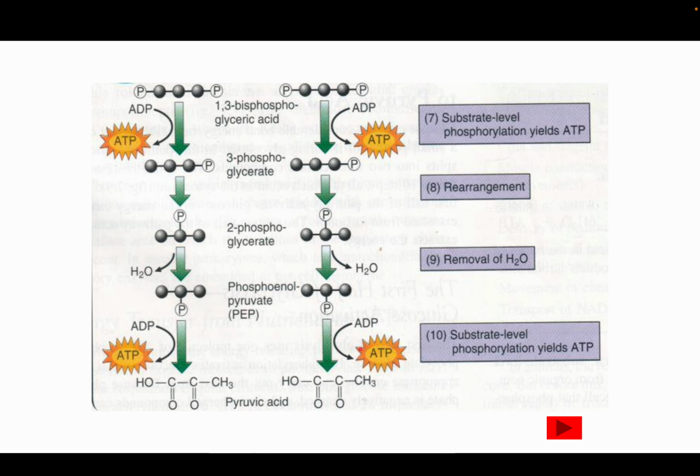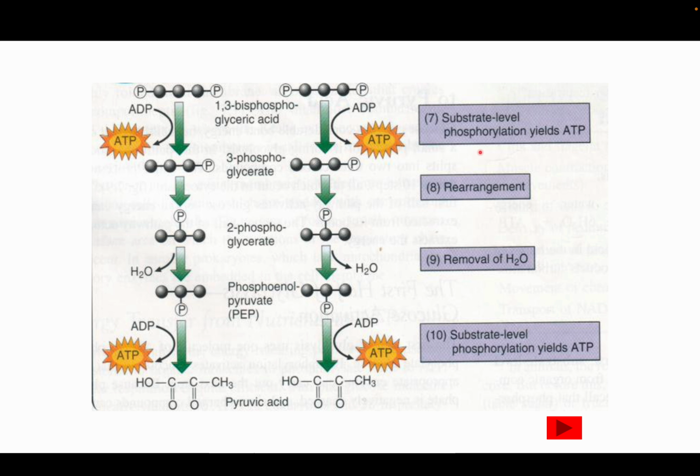Moving forward, the 1,3-bisphosphoglyceric acid molecules are further transformed through substrate level phosphorylation. I want you to remember this term, substrate level phosphorylation, which is specific to the glycolytic pathway.